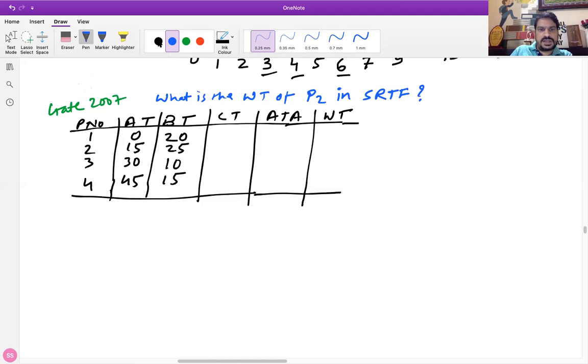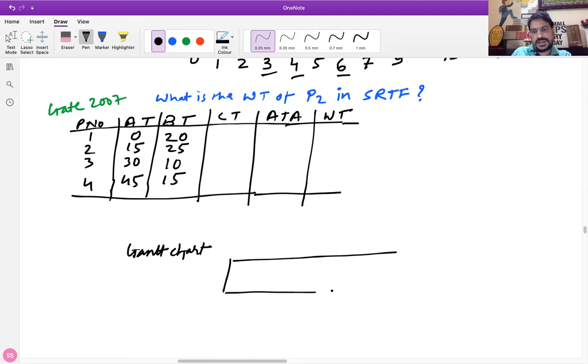That is the GATE question that has been given. Let's solve this. So we know that we require the Gantt chart for that. So we'll create the Gantt chart.